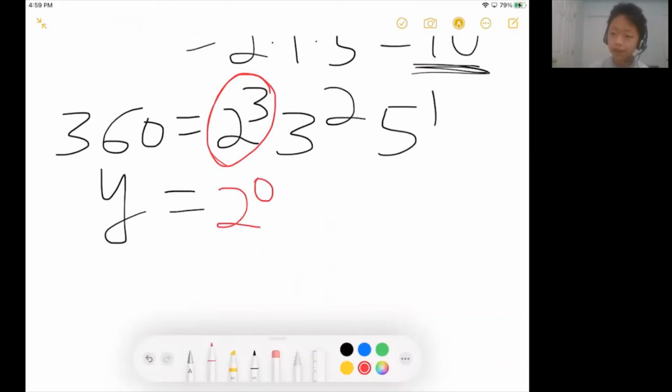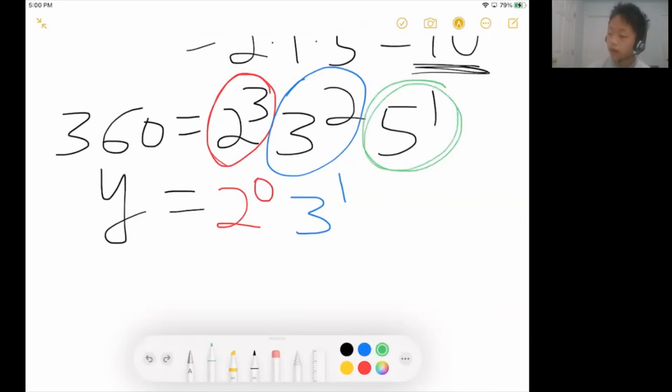Now we look at 3 squared. We notice that 3 squared is almost a perfect cube, but not quite. If we multiply y by 3 to the 1, this would make it a perfect cube, because 3 squared times 3 to the 1 is 3 to the 3. Finally, we look at 5 to the 1.